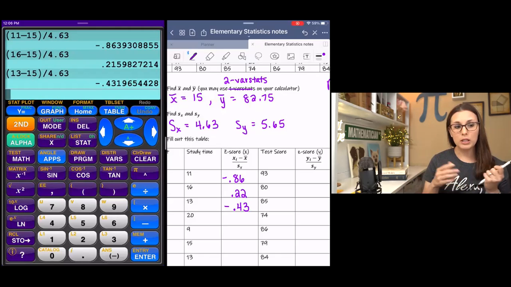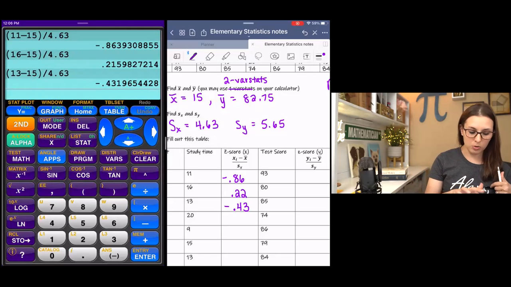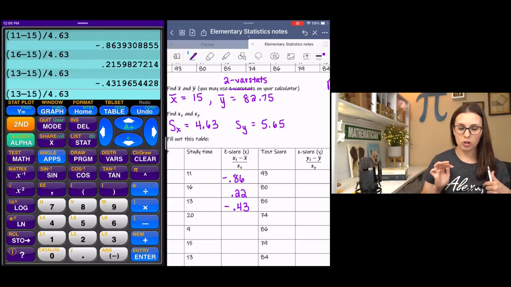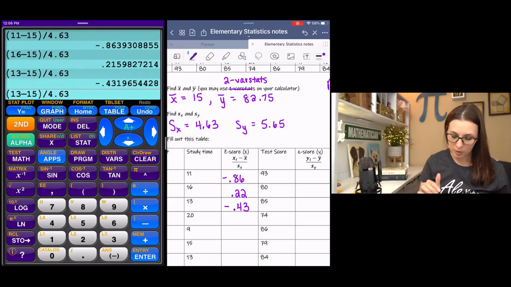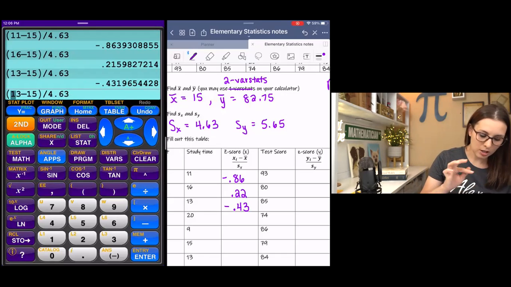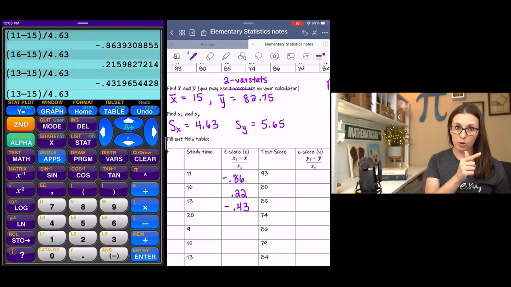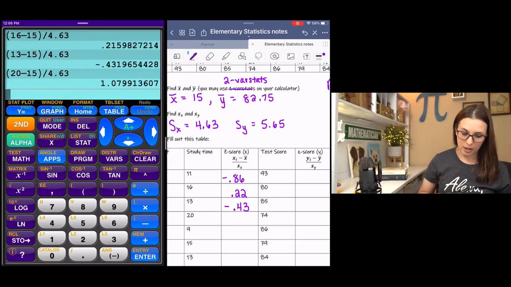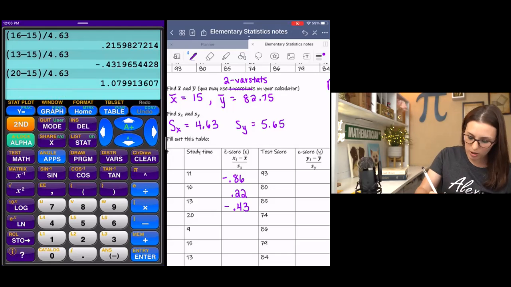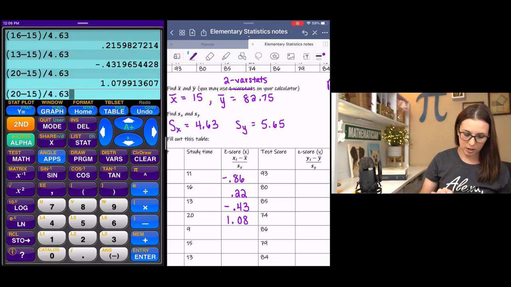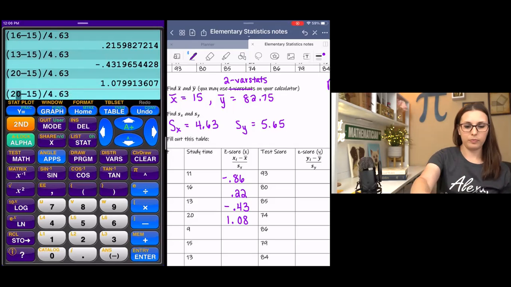And then instead of retyping it over and over again, I'm going to do second enter, and that brings back the last line. And then I am only wanting to change this number, so you can scroll over to that number, or if it's touchscreen like mine, you can just tap it and change only that number, then hit enter. And you're going to do this for every value. So second enter, change this value.